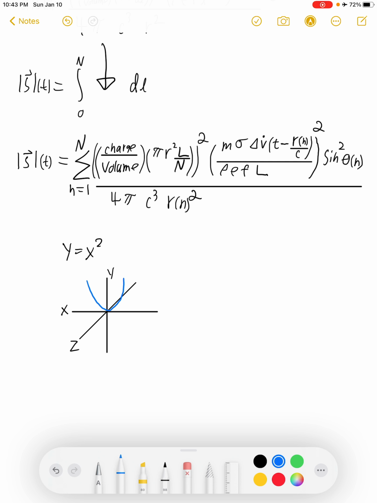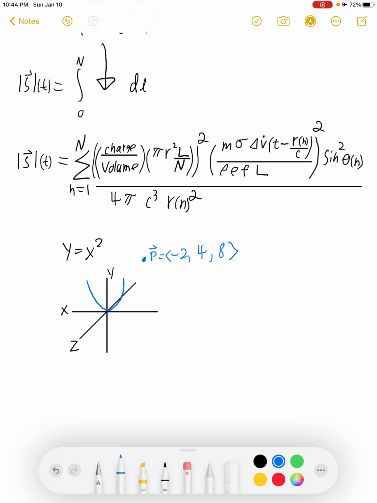That's our parabolic antenna at some point P. Let this be equal to, whatever, I don't know, let's say negative 2, 4, 8, wherever that is.